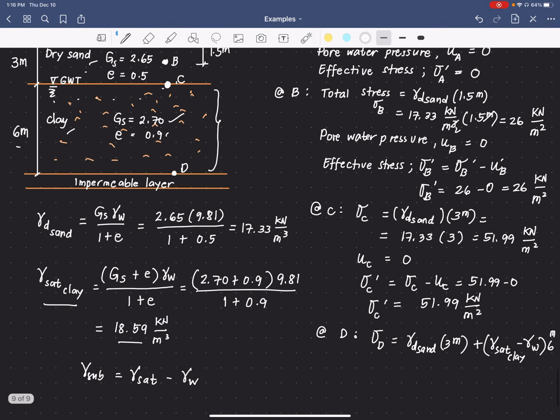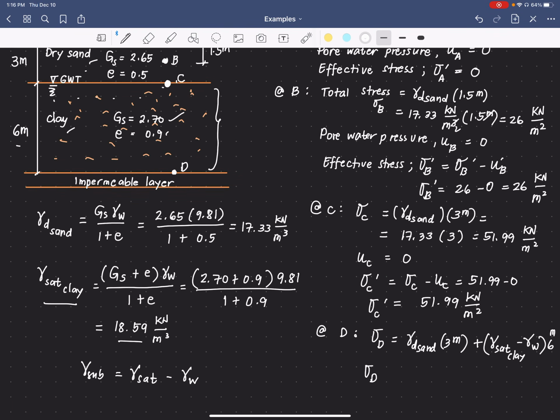Okay, then sigma sub D is, we have 17.33 times 3 meters plus the saturated unit weight, which is 18.59 minus the unit weight of water, which is 9.81, multiplied by 6.